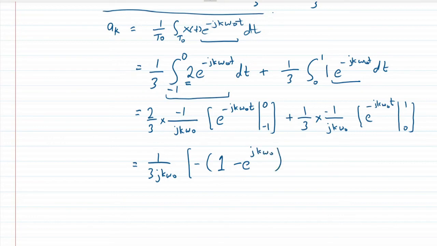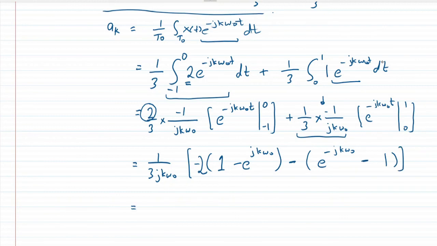And note that we also have this factor of 2 appearing over here, so we can write that 2 over here. So all of this has already been taken common, so we are left with a minus sign from here, and then e to the power minus j k omega naught minus 1.